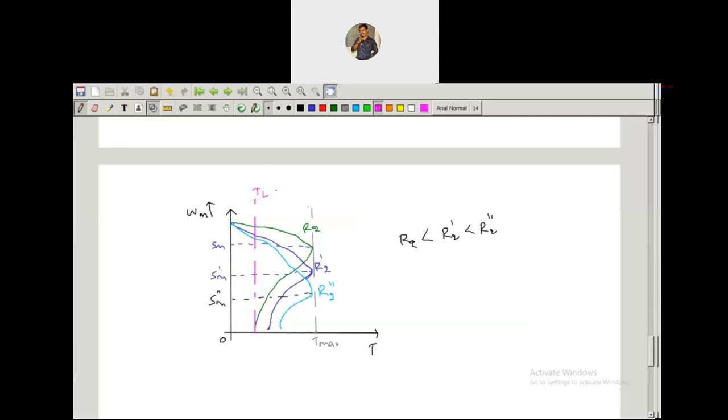Now you can observe for R2 resistance, you are having some speed, let me call it omega m1, and if you increase the R2 dash, the speed is going to decrease. Again, if you increase R2, the speed is again decreasing. So for constant load torque drives, if you increase the rotor resistance, the speed is going to decrease, right?